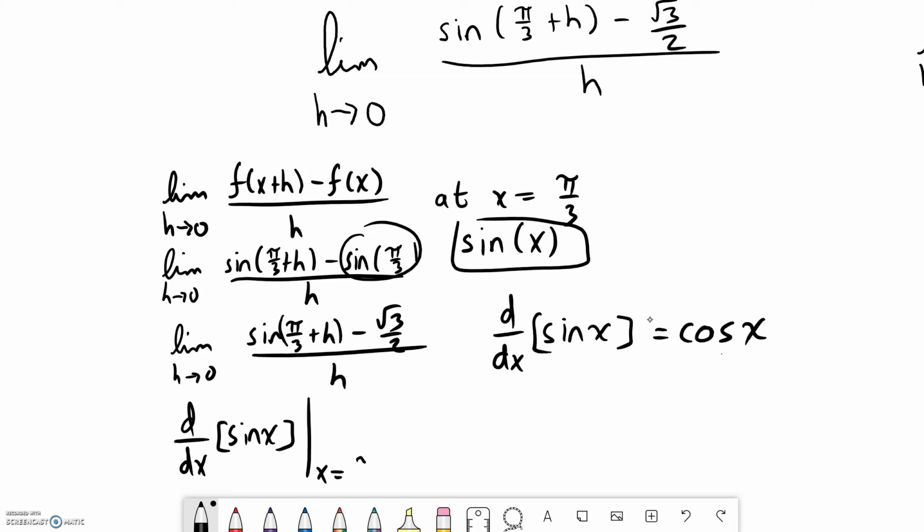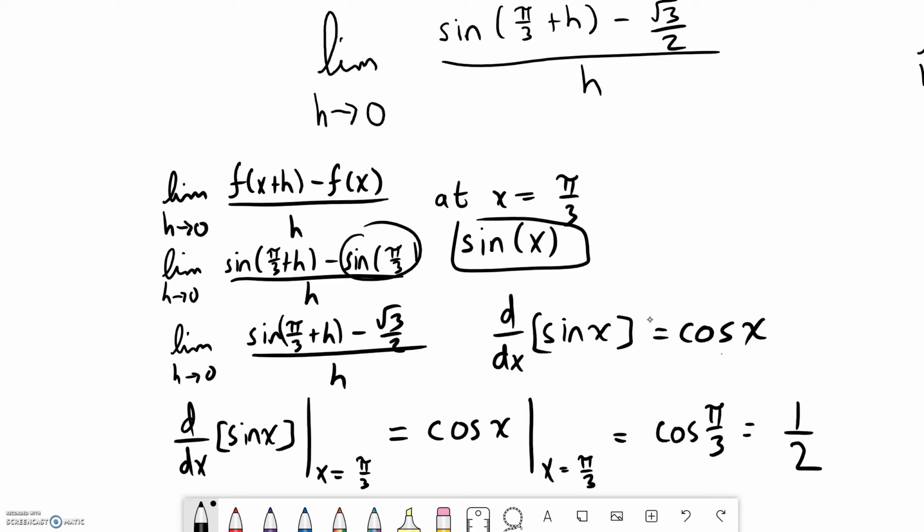Like you want to evaluate it at x equals pi over 3. So then what we want to do is find the derivative, which is cosine of x, evaluated at x equals pi over 3, which is the same thing as cosine of pi over 3. And then we can just use that. Cosine of pi over 3, you should know that from the unit circle, but that's just 1/2, right?